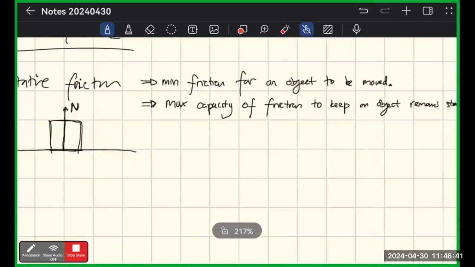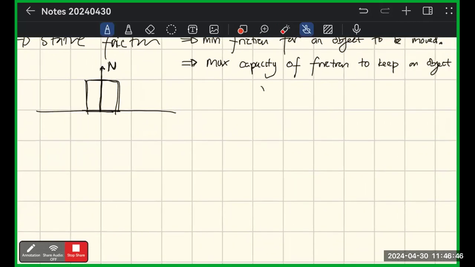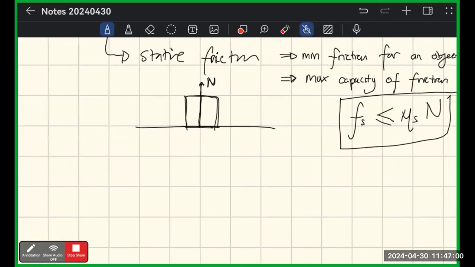Okay, so static friction will have a formula: F static is less than or equal to mu s times n. For example, if we have n here equal to 5 Newton, maybe they have a weight of 5 Newton, so obviously in the y direction it's not moving, so the n and the weight have to be the same.